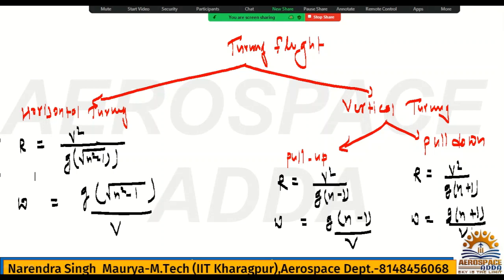Now we'll see a few questions from the vertical plane that they had asked. So vertical plane turning or vertical turning based questions also we have to solve. Fine. So a few questions we'll see, like that latest question. I think it was GATE 2020.